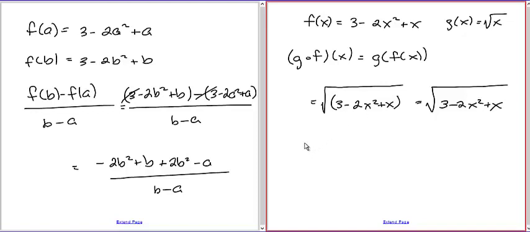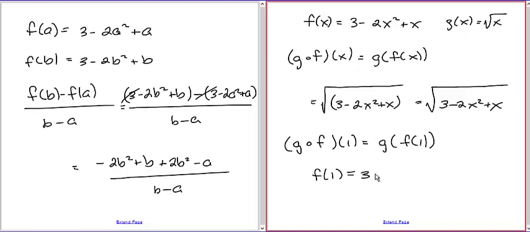Now, the second one is g of f of 1, which I think is actually easier to look at this way, and that's the way it's actually written on the test. So when you have this situation, you first evaluate f of 1. So we go up to this function and actually plug it in.